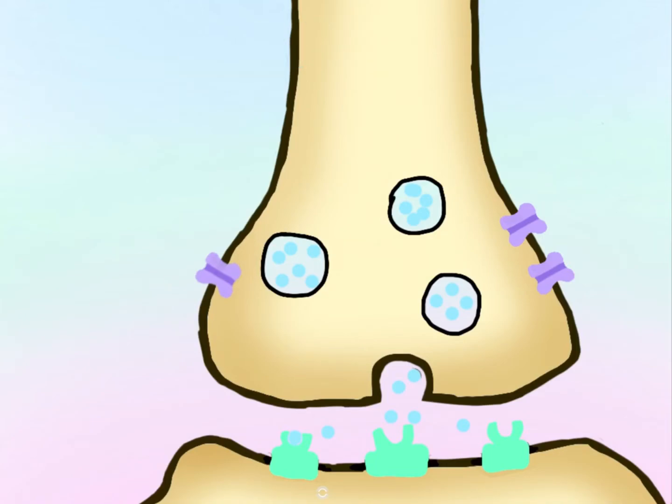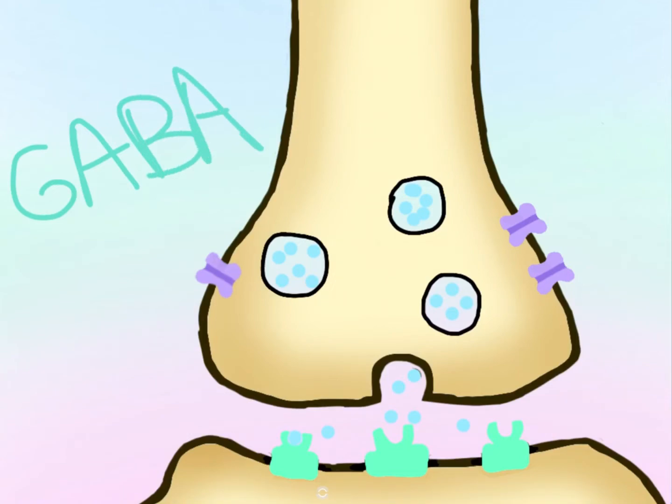Now, on the other hand, an inhibitory neurotransmitter, such as GABA, will cause an inhibitory response in the postsynaptic cell, and that means that the membrane potential hyperpolarizes, and it brings the membrane potential further away from threshold and makes it harder and less likely that an action potential will occur.